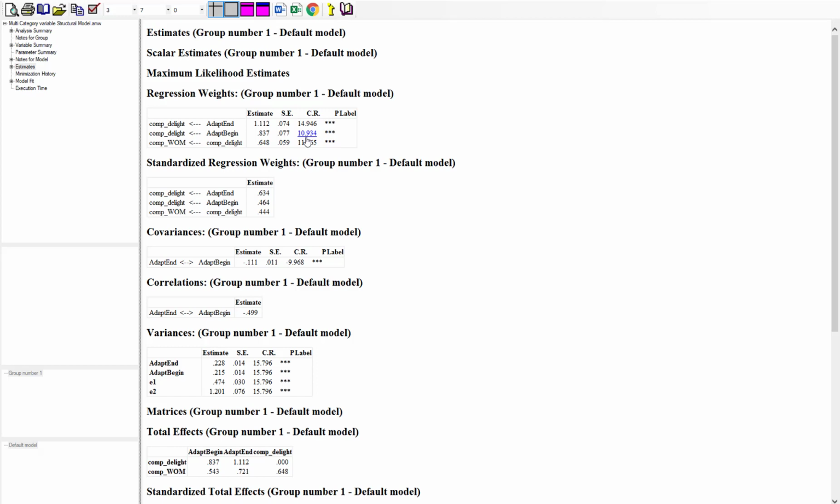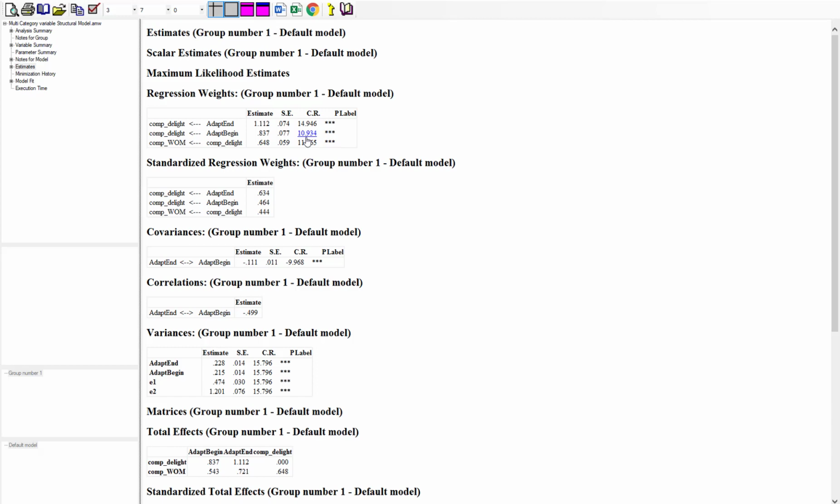If it was stronger to the 0, which was coded in our reference category, which was no adapt whatsoever, then you could say the no adapt category was stronger than adapting at the begin. But in this instance, since our regression coefficient is positive and we coded adapt begin as the 1, we can say adapting the service at the beginning has a stronger effect on delight than the no adapt group.